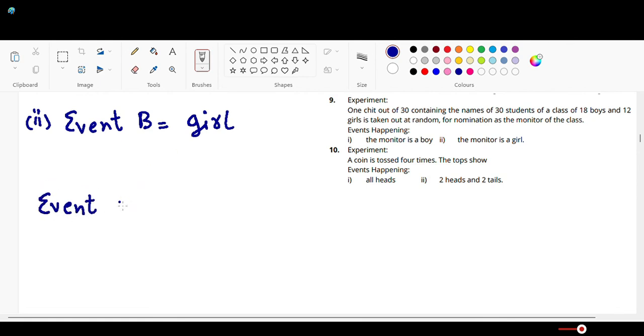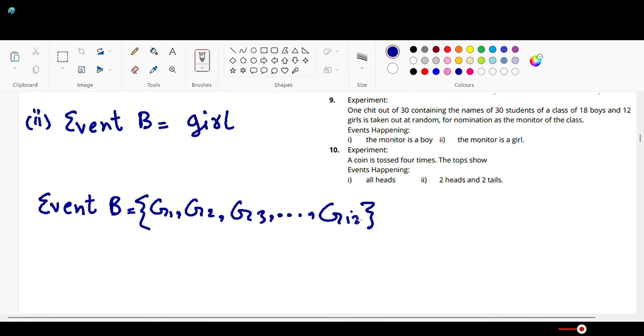So event B is equal to G1, G2, G3, all the way to G12. We have 12 girls, right? And that means the number of elements in event B is 12.